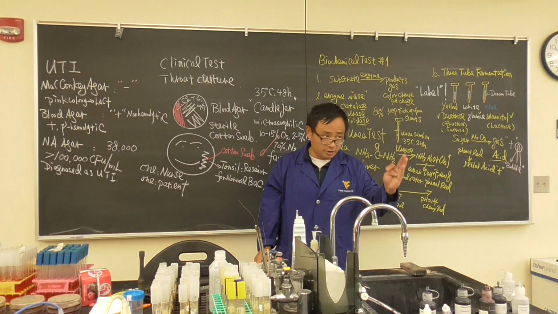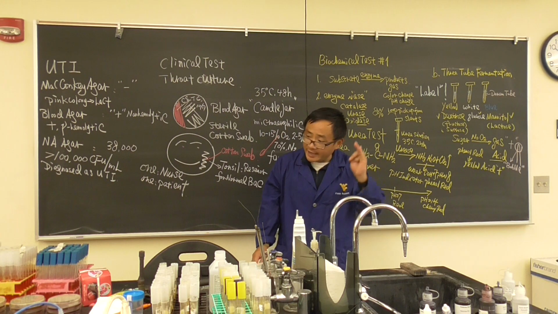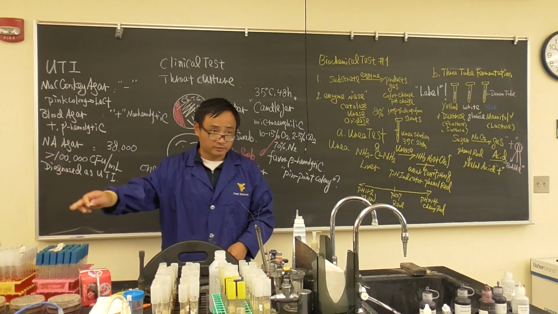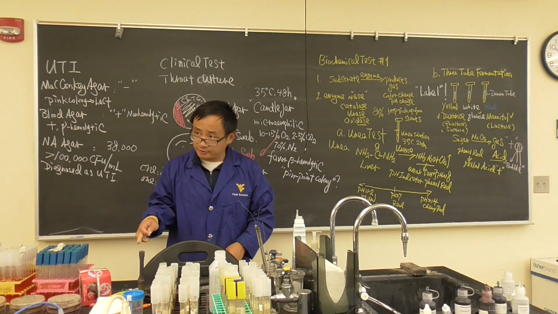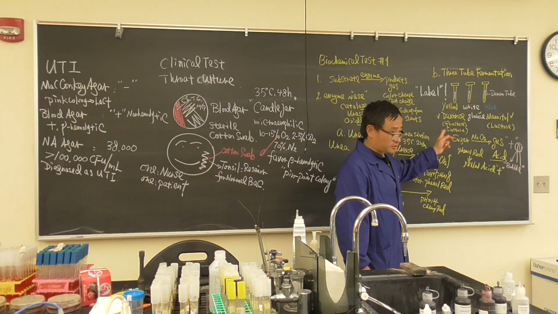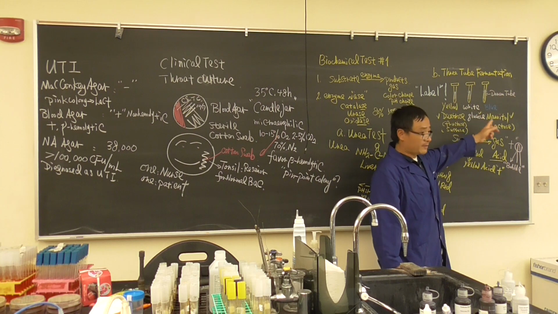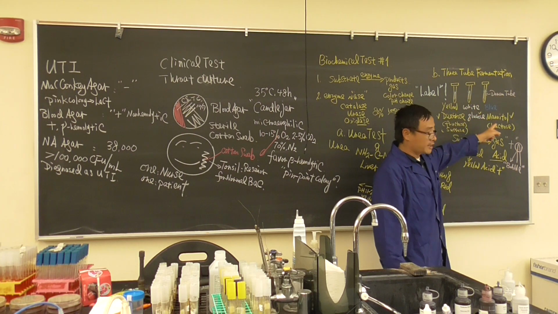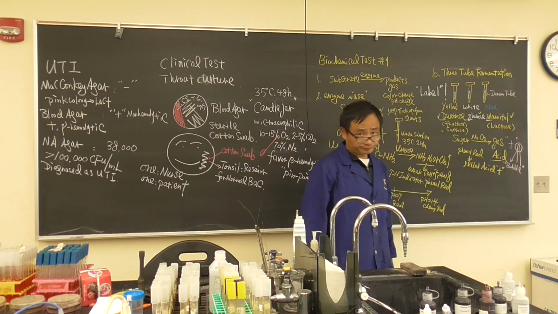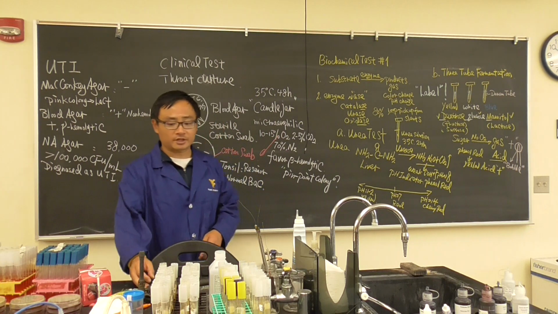Bench number, initials, and what bacteria you added there. And do not forget, you may be confused about the 3 different materials there. So what do you do? You label urea as the urea test. Label dextrose, glucose, and mannitol. You could label D, G, and M to tell you what sugar is there. Okay, that's very important.